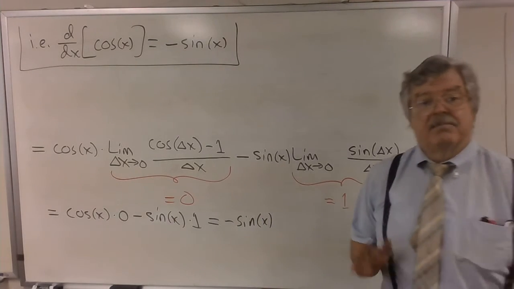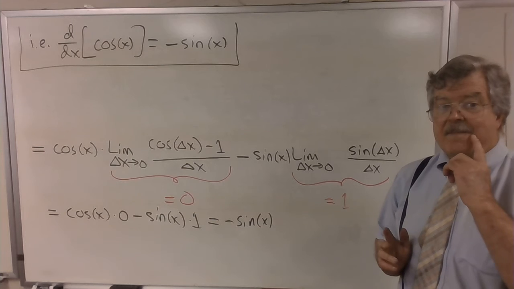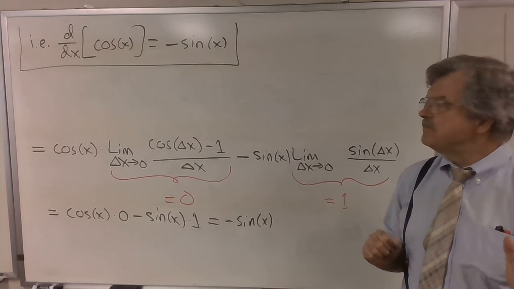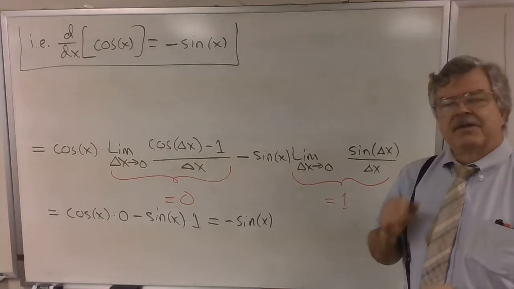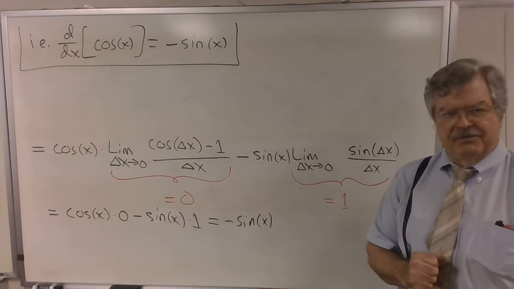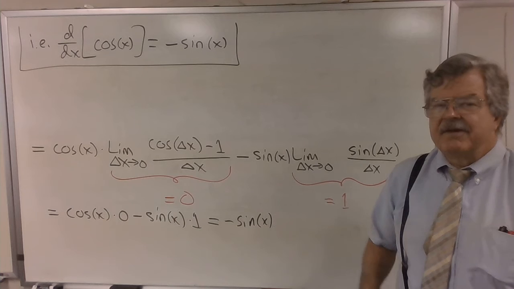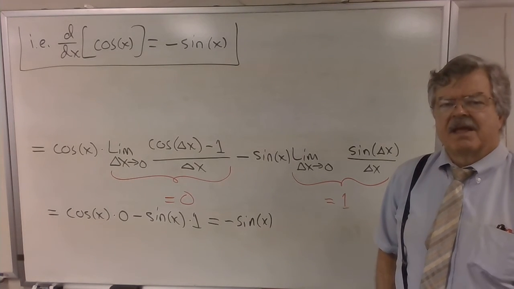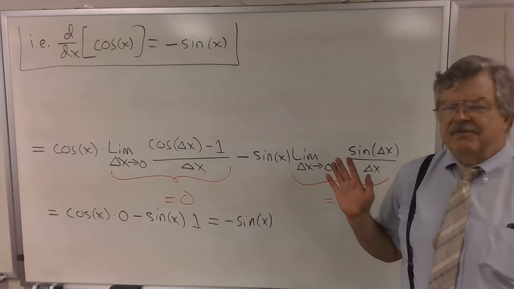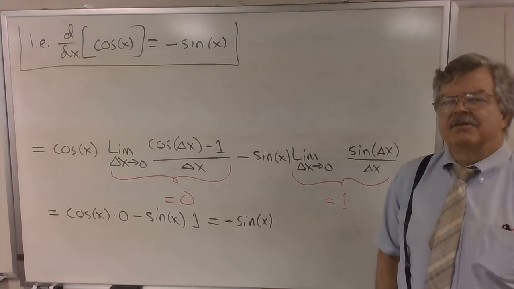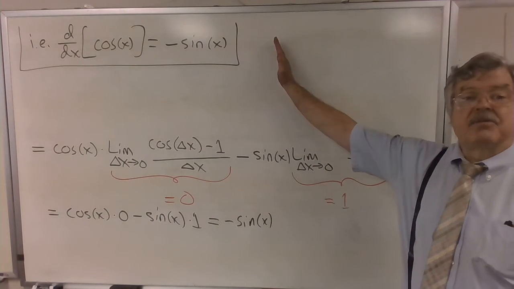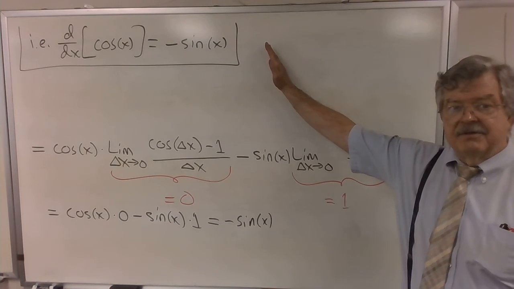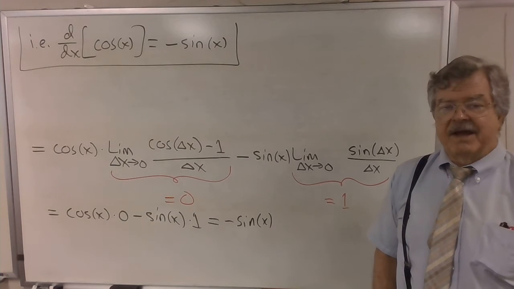And let me make an appeal to you. You're taking notes, that's good. The two proofs that we just did, the derivative of sine of x and the derivative of cosine of x, when you get done with this video and when you get done taking notes, see if you can reproduce the proofs for the derivatives of sine of x and cosine of x.